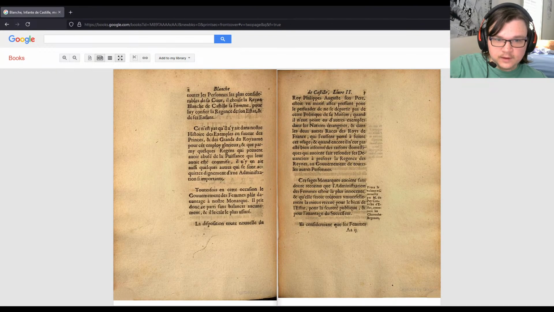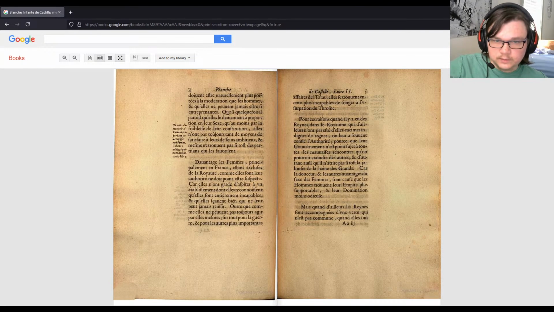Wait, is the author saying this? Oh, this is talking about the royal family in general. So I guess we're talking about the 1200s. Jeez. Okay. Interesting.